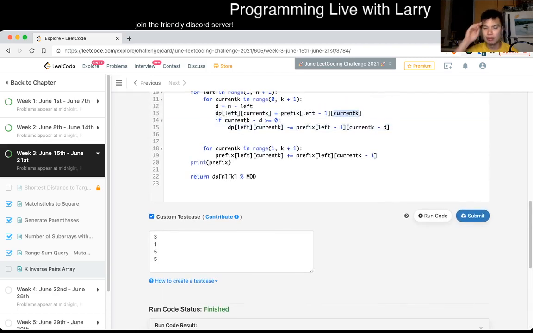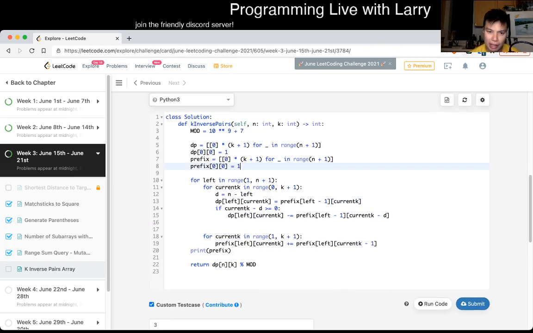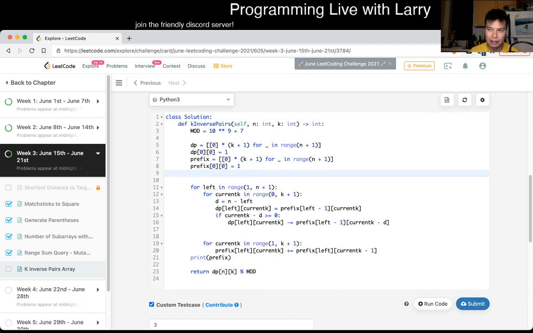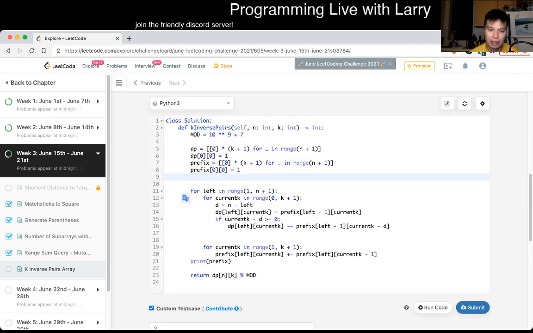Well, this one may be 0 too, so that's why. No, that shouldn't be the case, should it be? Well, I have to fix my prefix array. I think that's why. For left is equal to 0. Now that I think about it, for the prefix sum array, this should all be 1 in the first row, and I am not doing that. So yeah.